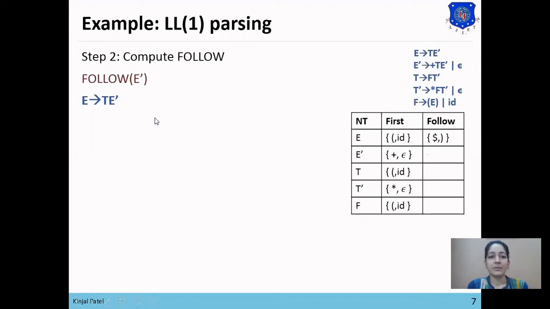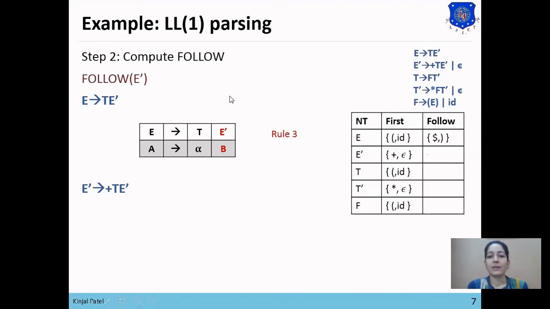So first, E produce T dash matches with the statement A produce alpha B. So we will apply rule 3, which says that if there is no symbol following E dash, then follow of left hand side will be added in follow of E dash. So follow of E will be added in follow of E dash. Follow of E is dollar and closing bracket. So dollar and closing bracket will be added in follow of E dash.